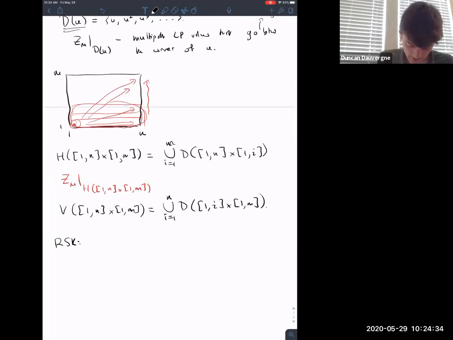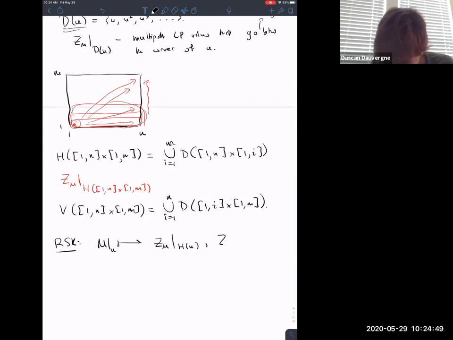And what the RSK correspondence is, this is basically a map from M, say, M on a box U to Zm restricted to H of U, Zm restricted to V of U.